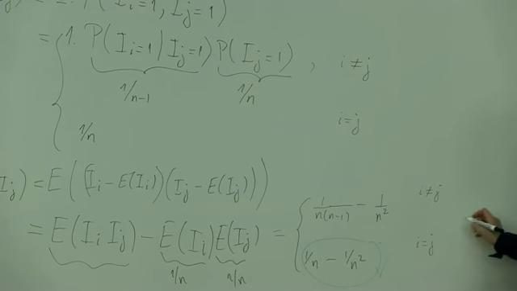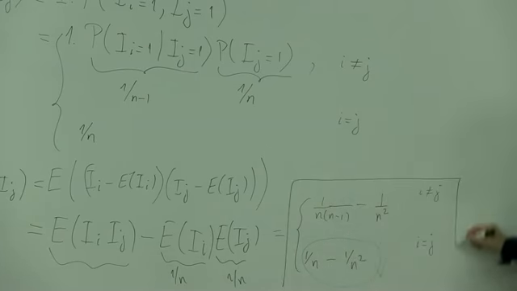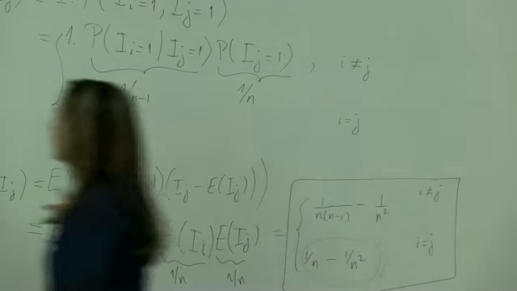Okay, so let me simplify this expression. Or let's not simplify it. Let's leave it as it is for now. Okay, so this is the covariance of I_i and I_j. So let's return to our problem.